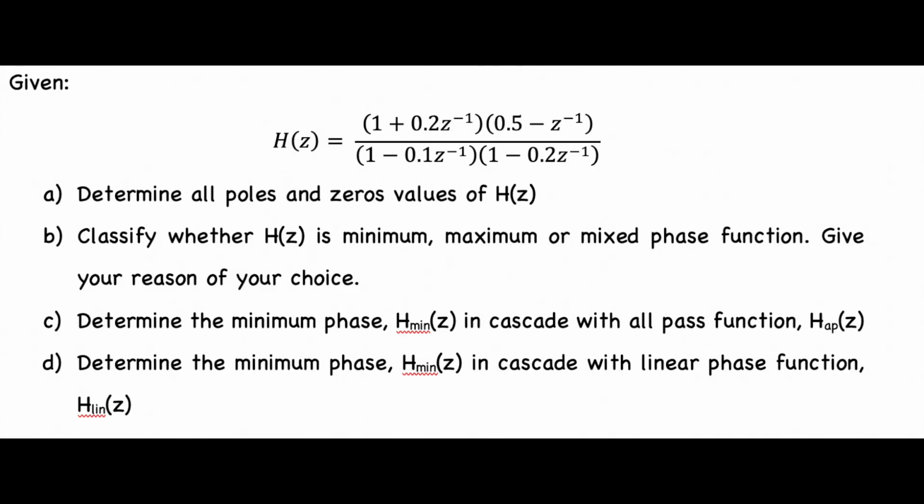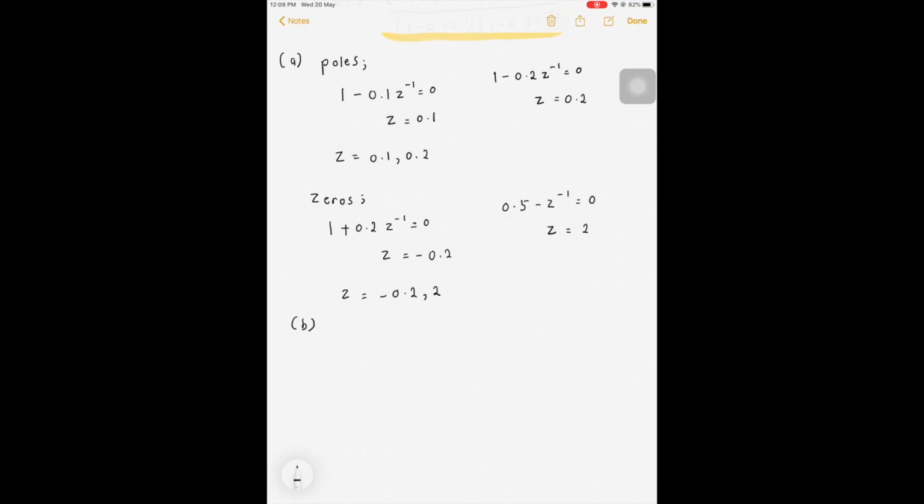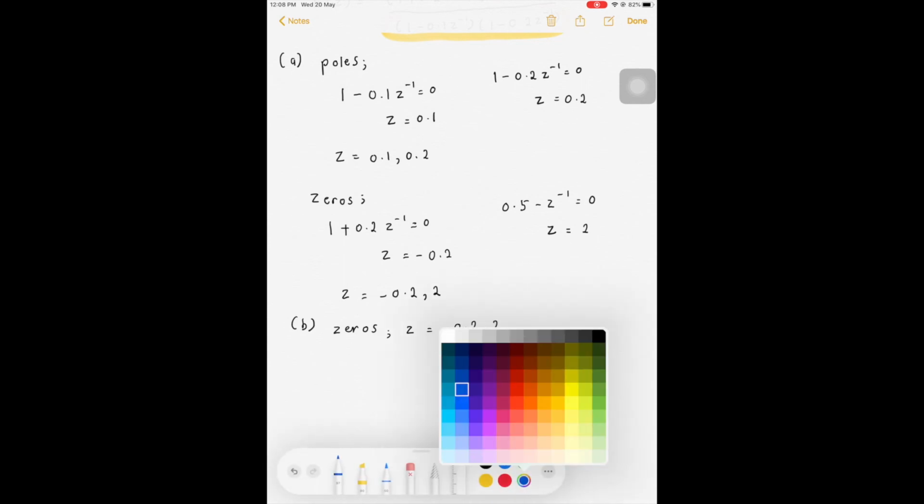Part B. Classify whether H(z) is minimum, maximum or mixed-phase function. Give your reason of your choice. As I mentioned in the lecture, for you to determine the minimum, maximum or mixed-phase, you have to look for the zeros value. So your zeros value is z equal to minus 0.2 and 2.